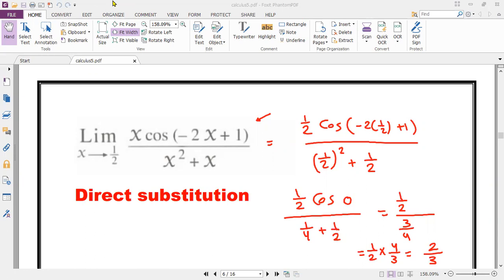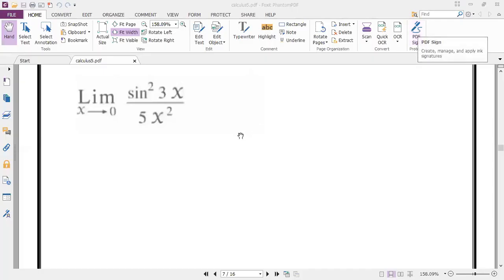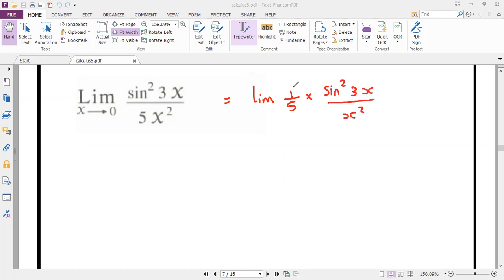Let's go to the next one. I want to find the limit of this function here, and I have sine squared 3x. This function can be written with 1 over 5 as a factor: 1 over 5 multiplied by sine squared 3x over x squared.